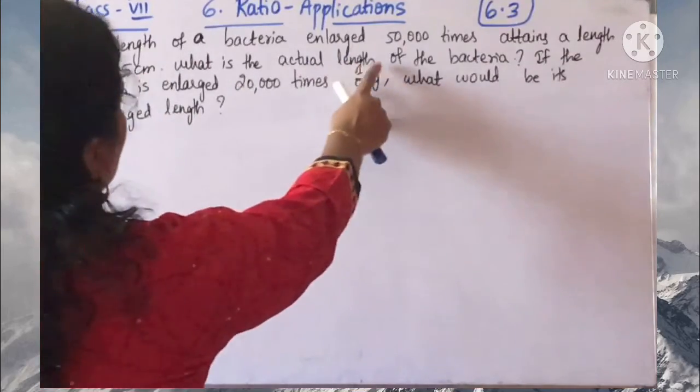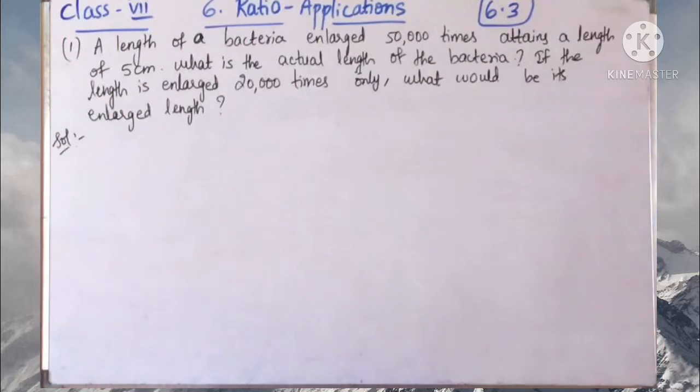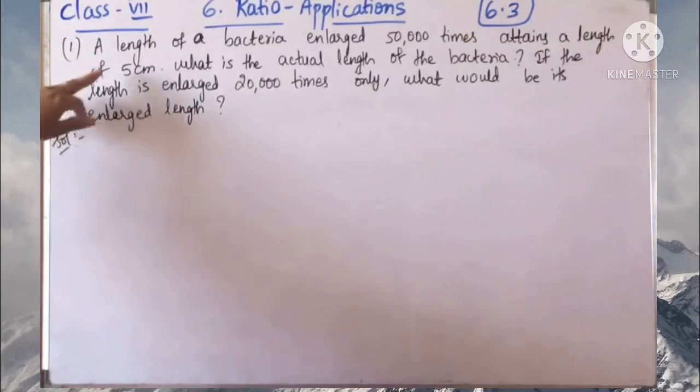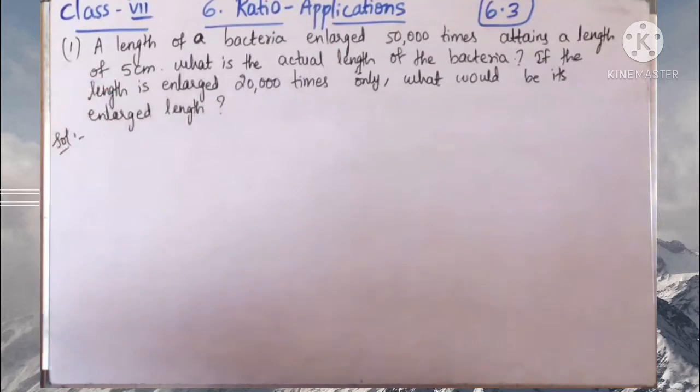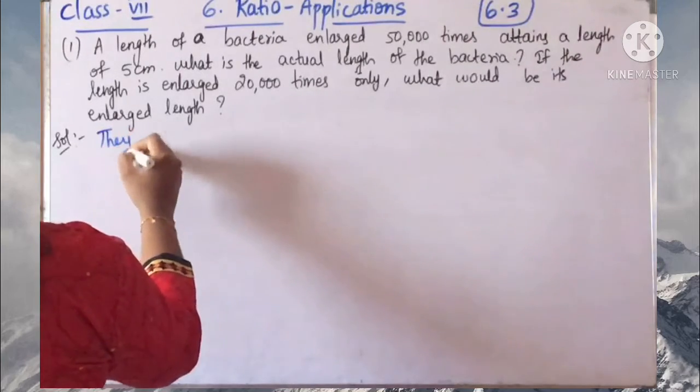So what is the actual length of bacteria? When it is enlarged 1 time, how many centimeters is it? Definitely the number of times decreases, so the length also decreases. Both increasing or both decreasing comes under direct proportion, so here they are in direct proportion.